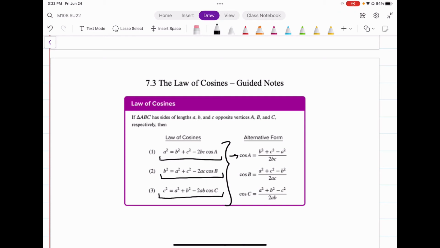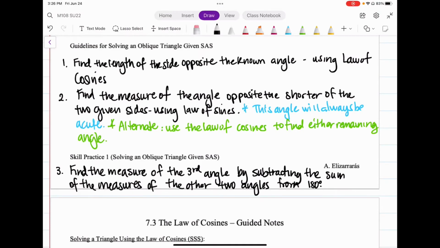How do we solve an oblique triangle then, given side angle side? Remember, solving a triangle doesn't just mean find one side length. You need to find all 3 side lengths and all 3 angle measures. Here is the way in which you should approach solving an oblique triangle, given side angle side. First, you want to find the length of the side opposite the known angle using the law of cosines.